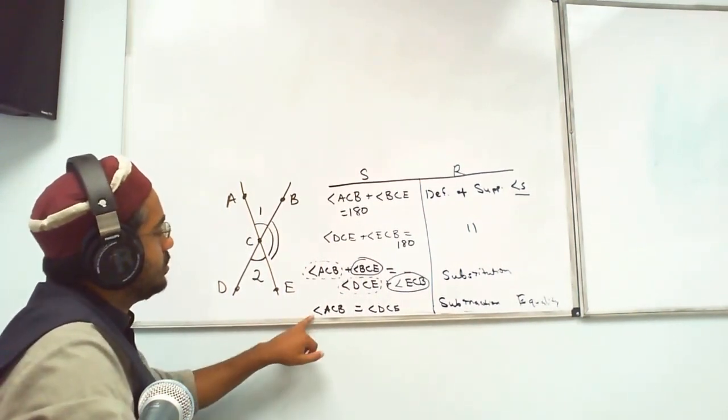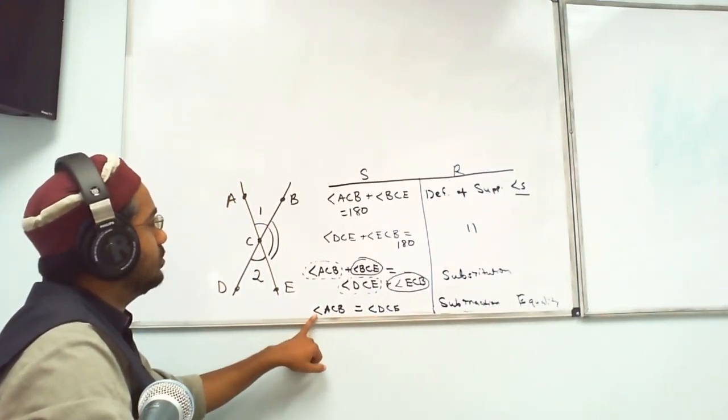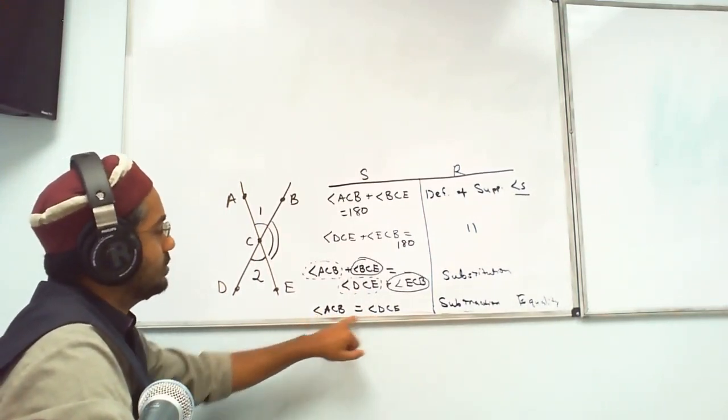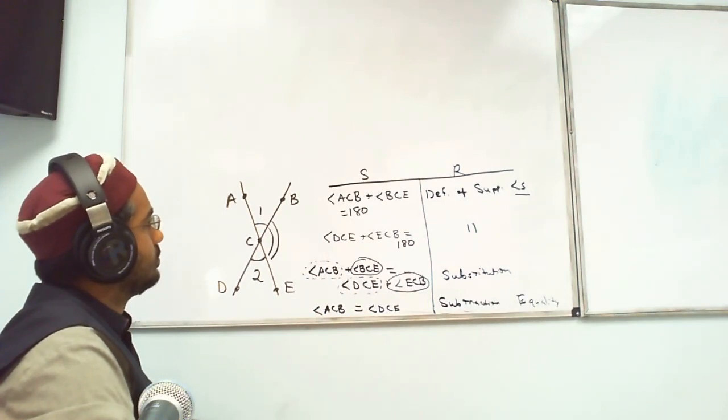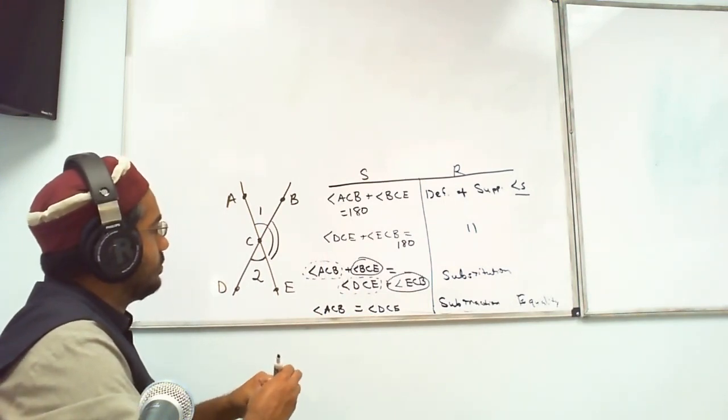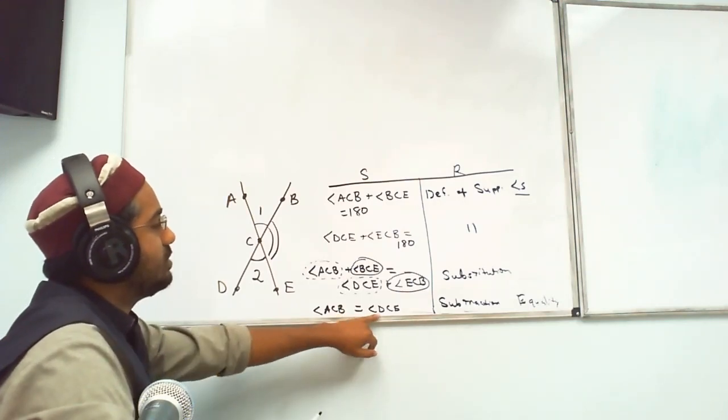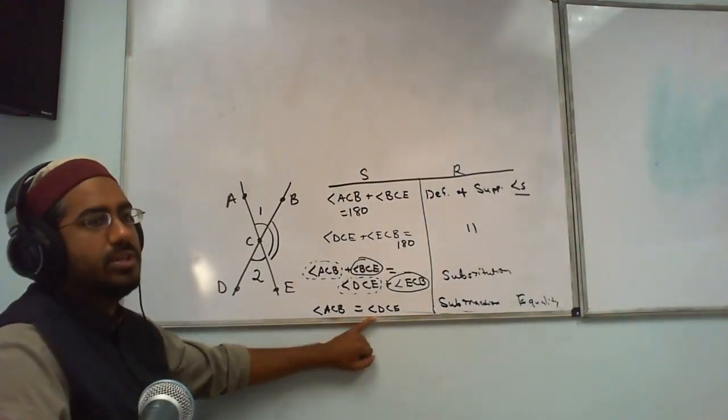So I know that these two angles are equal to each other. If their measurements are equal, then we can say they're congruent.